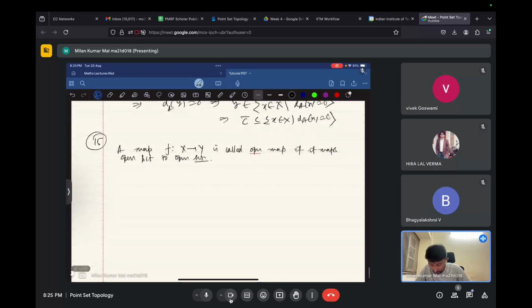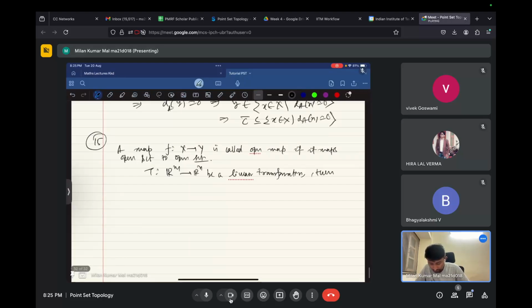Now let T be a map from R^m to R^n, a linear transformation, m and n positive integers.